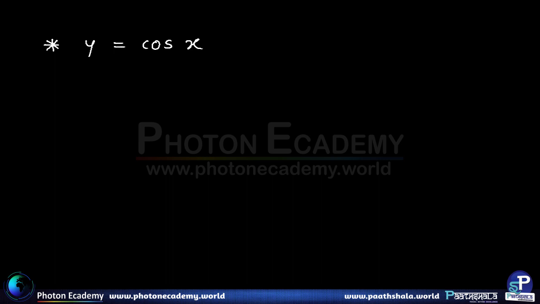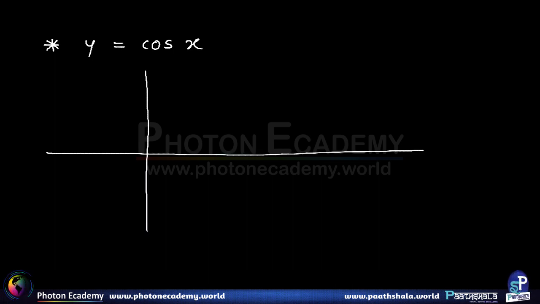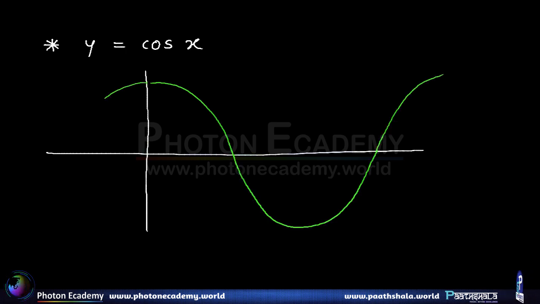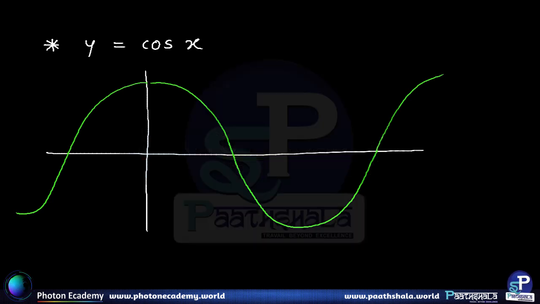Now here, doing the same exercise, we'll get the cos function to look very much similar to the sine function, with one important change, that it is shifted, isn't it? It is shifted with a difference of pi by 2 radians or 90 degrees as compared with the sine function.